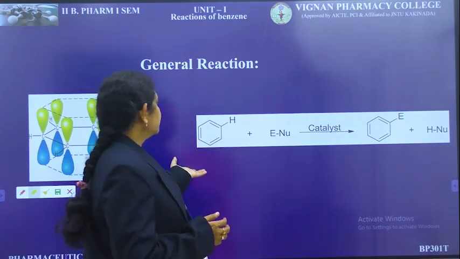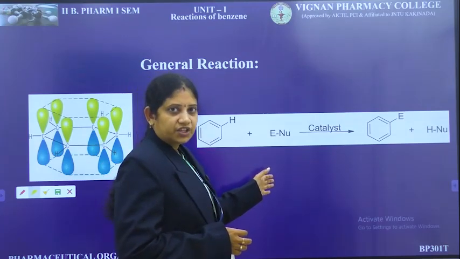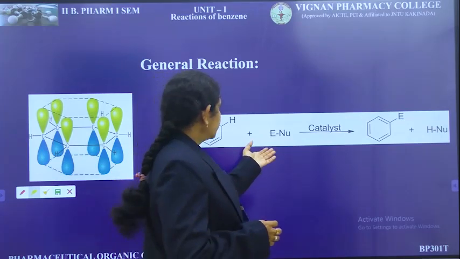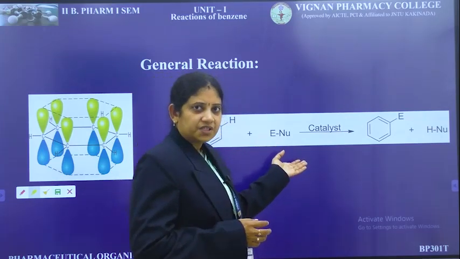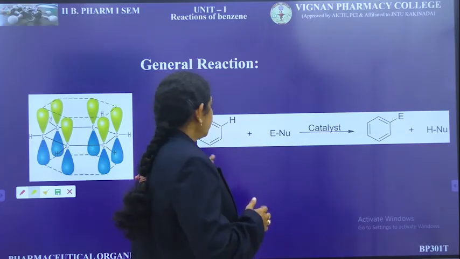Coming to the general reaction, when benzene is treated with an acidic reagent, which is composed of an electron deficient species and an electron rich species, that is, an electrophile and a nucleophile, what happens?